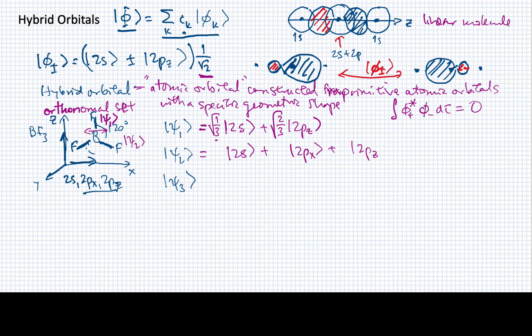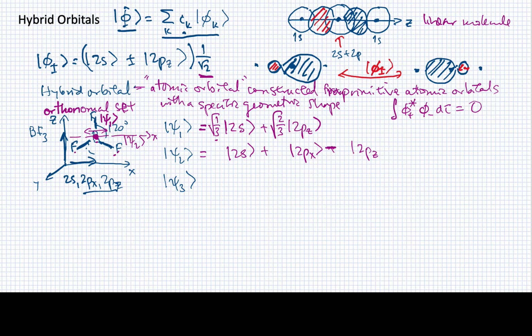Now I'll note that since all of these are centered on boron, I'm going to make boron be my center of the coordinate system. So the x-axis is actually up here, and these F atoms are actually below the x-axis, so they are at negative z values. So I'm going to have a negative component here for z.